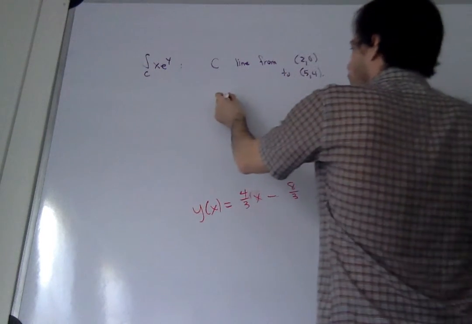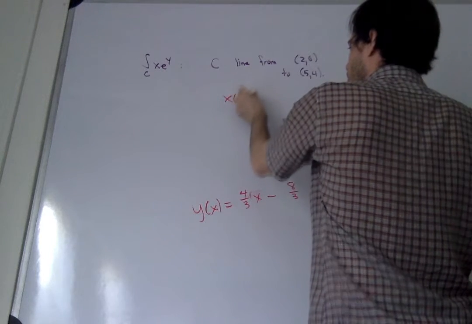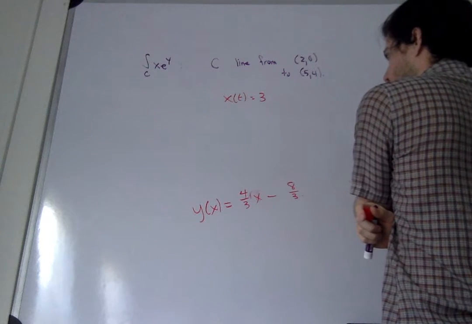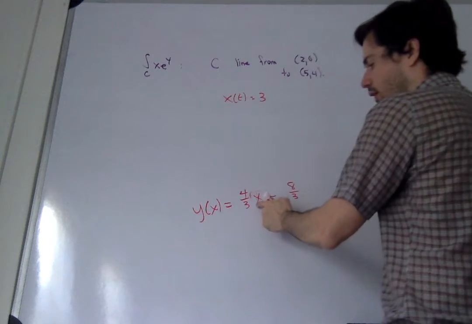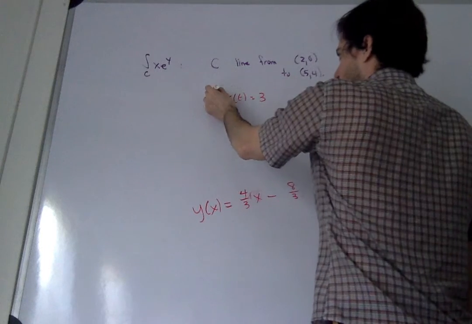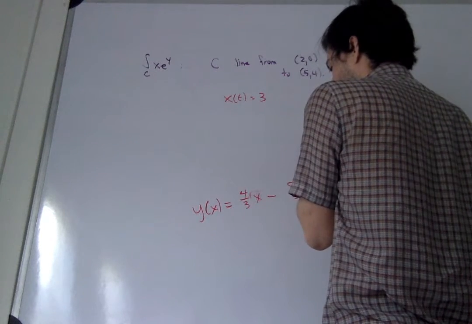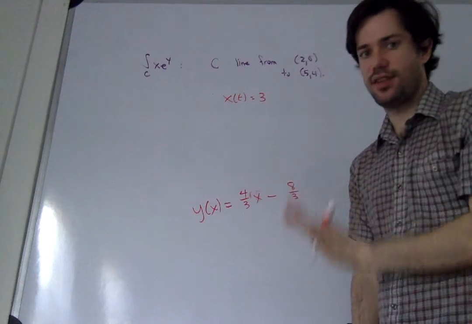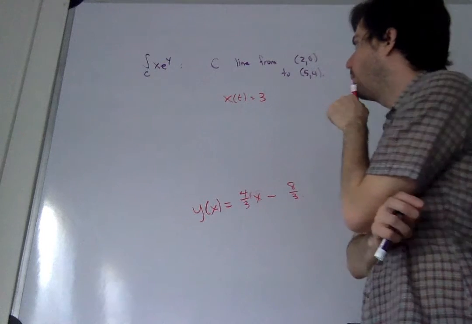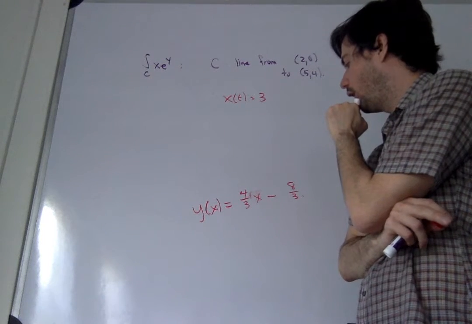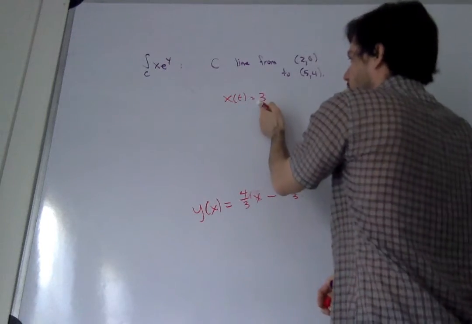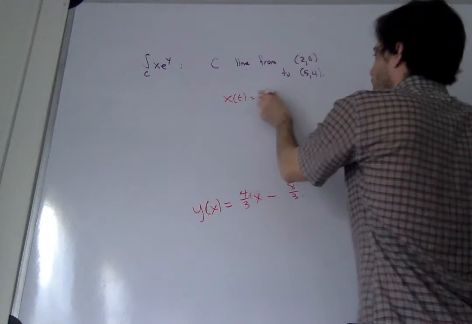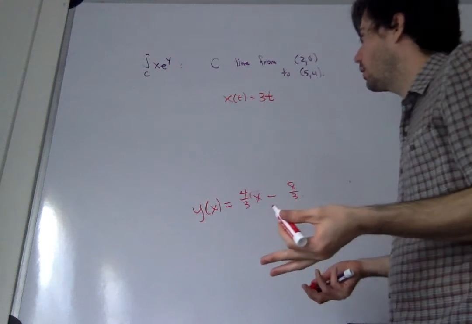What about x of t equals 3t? When I plug in for x, I want the 3 to cancel, so I just have a t. What if I put a 3 in there so the 3's cancel? That seems pretty obvious. So why not have 3t? x of t equals 3t.